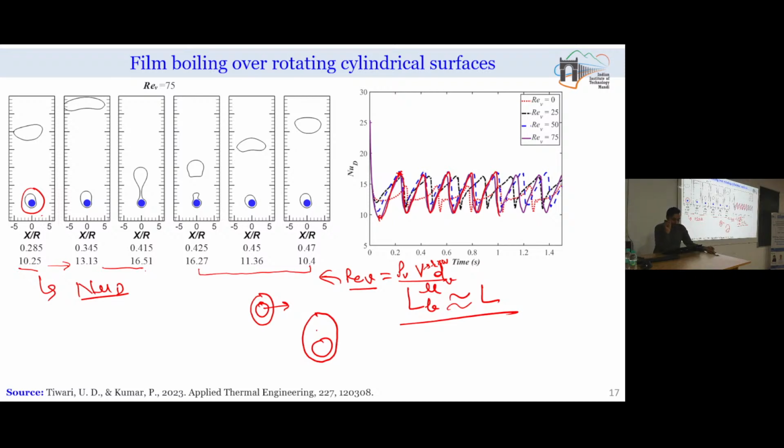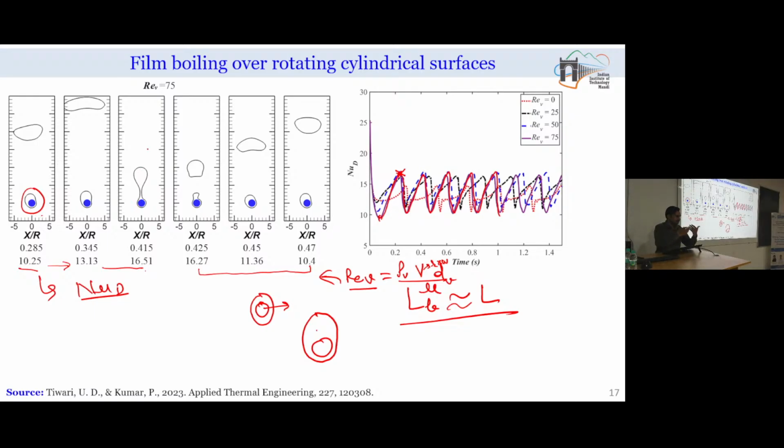You can observe two interesting features. The maximum value of heat transfer coefficient corresponds to the situation when the bubble is just about to depart from the surface. The reason is, whenever this bubble is about to depart, it is pulling the maximum amount of vapor in the upward direction.